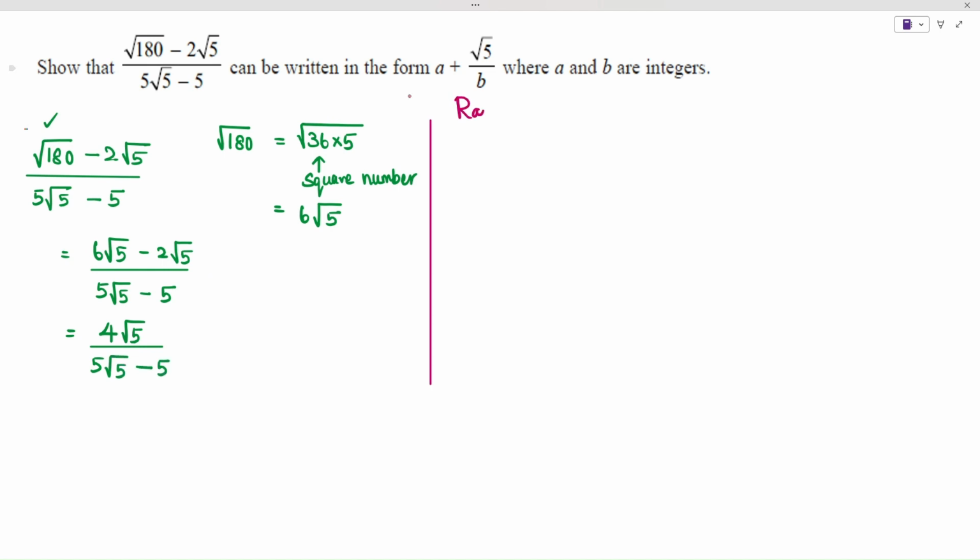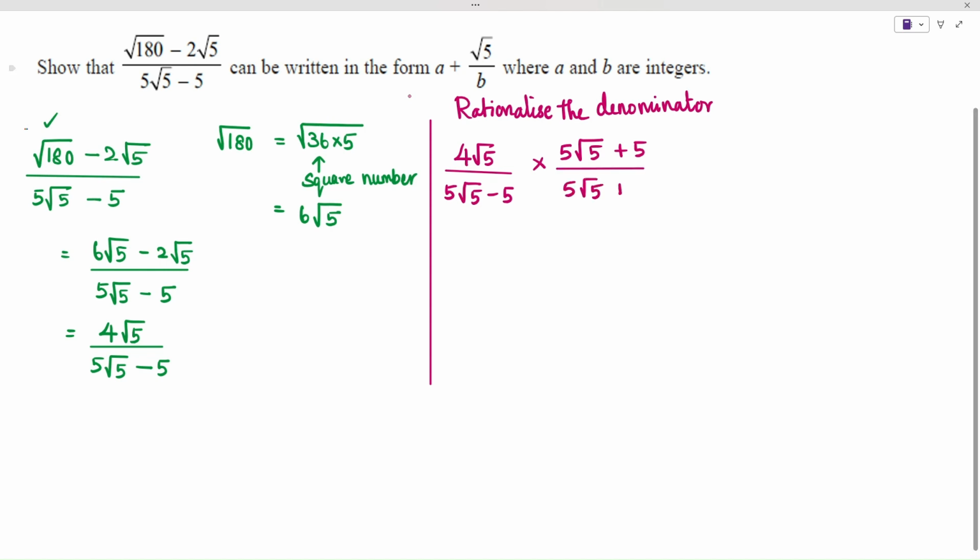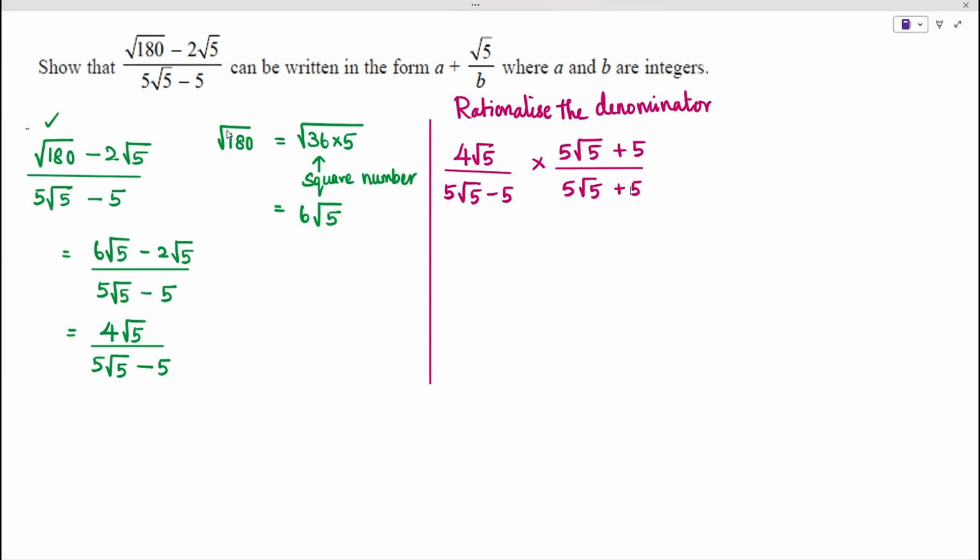Now we're going to rationalize the denominator. So we write 4 root 5 over 5 root 5 minus 5, multiplied by 5 root 5 plus 5 over 5 root 5 plus 5. 5 root 5 plus 5 is the conjugate of 5 root 5 minus 5.